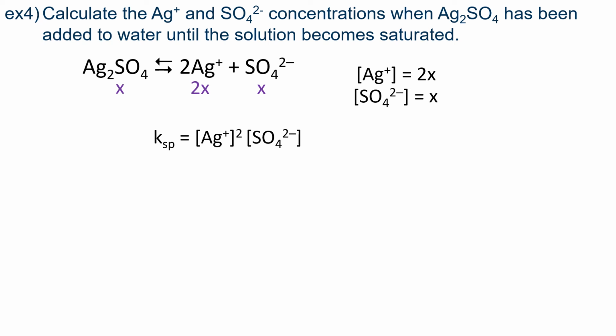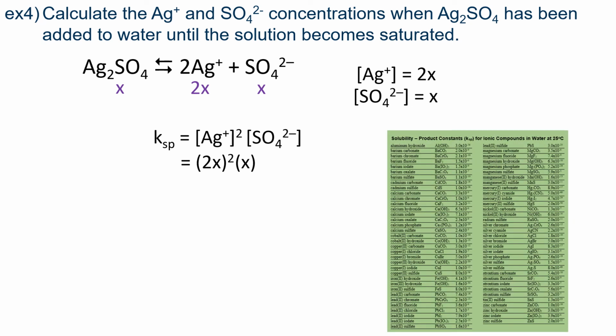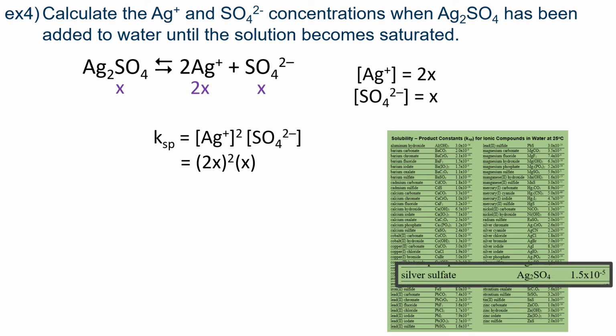And we can sub those in. So silver ion will equal 2x, and again that squared carries down from the KSP expression, and that will be multiplied by the sulfate concentration, which is equal to X. We can get the KSP number off the green sheet, so I find silver sulfate, oh, there it is, 1.5 times 10 to the negative 5, and I will sub that in for KSP.